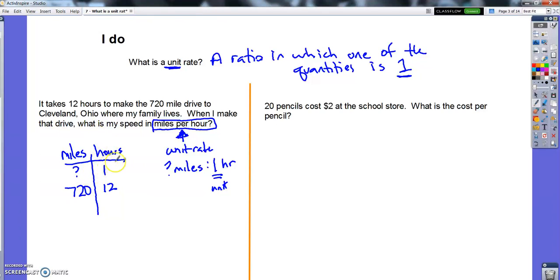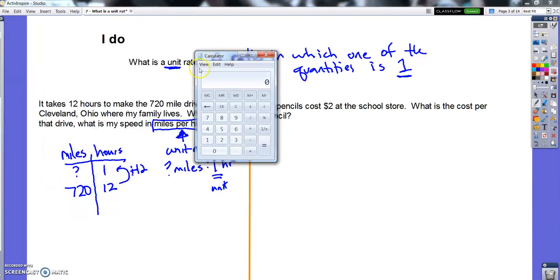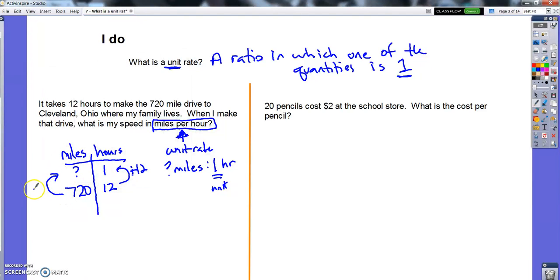Because that's my unit rate right there when I have a 1. So I'm going to divide my hours by 12, and that is no problem, so long as I also divide my miles by 12.